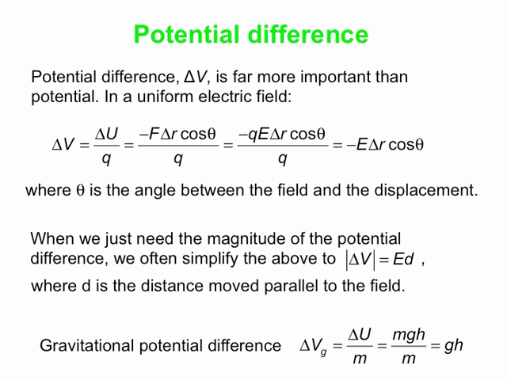So this is equivalent to the ED equation we get for delta V for electricity. Think about what gh represents. Every point in the room around you has a particular gravitational potential. The higher up it is, the higher the potential. As h increases, the gravitational potential increases.